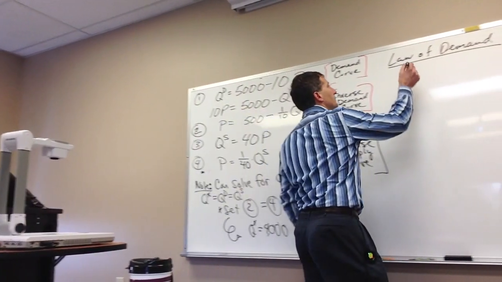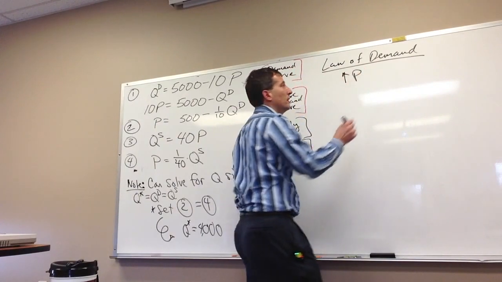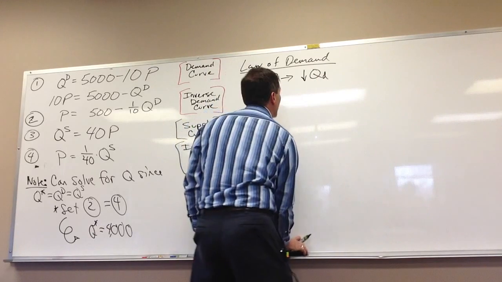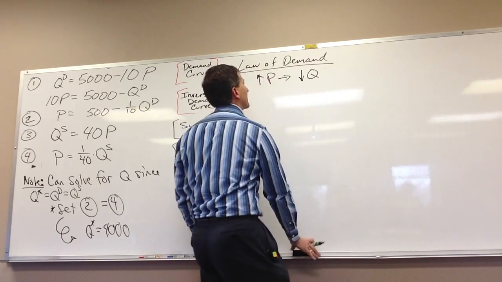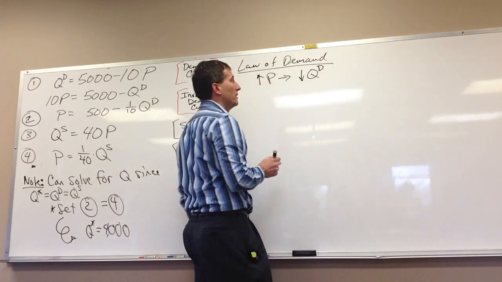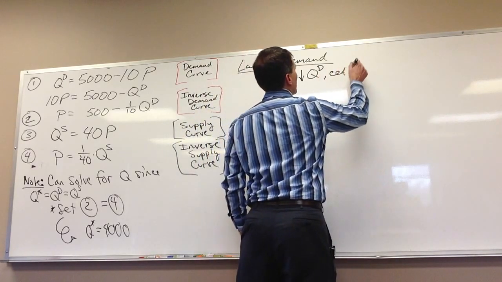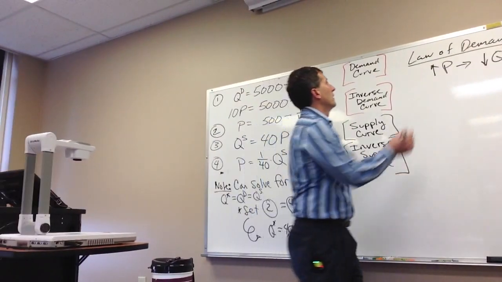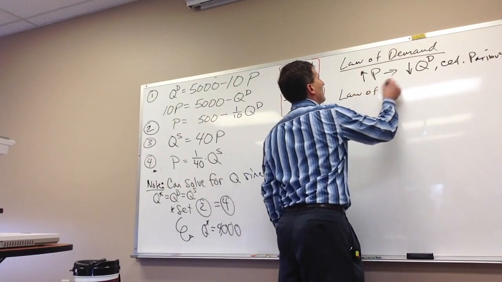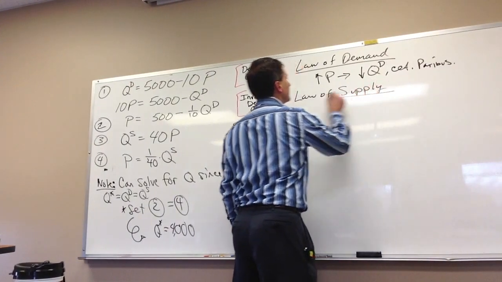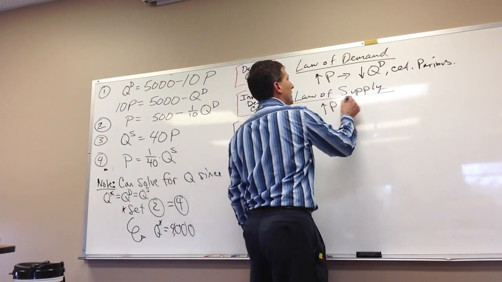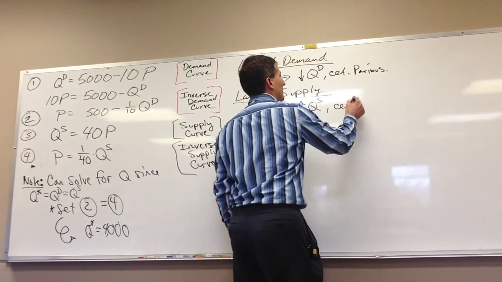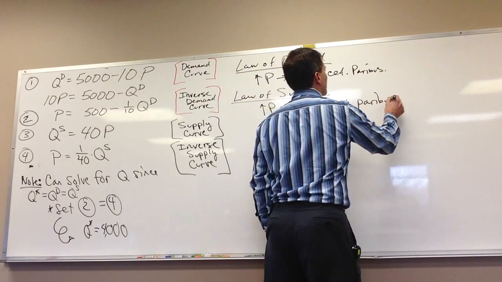Law of demand: an increase in price leads to a decrease in quantity demanded. Trying to stay consistent with the textbook here. Ceteris paribus, holding all of the other things constant. Law of supply: an increase in price leads to an increase in quantity supplied. Ceteris paribus.